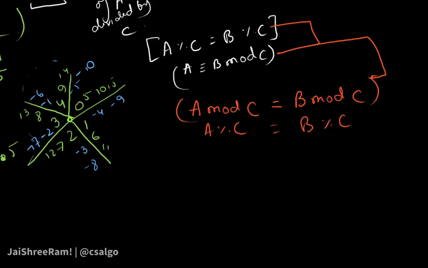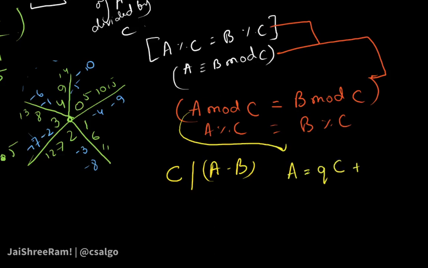Another way to think about this would be that C divides A minus B. Now what is this? If you take this expression from Euclid's theorem, we know that any number A can be written as some quotient times C plus R1, and B can be written as some quotient times C plus R2, right?